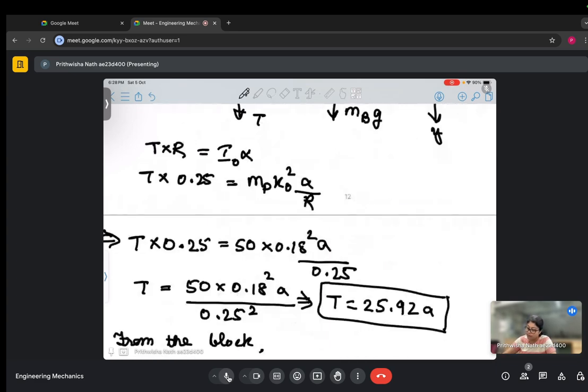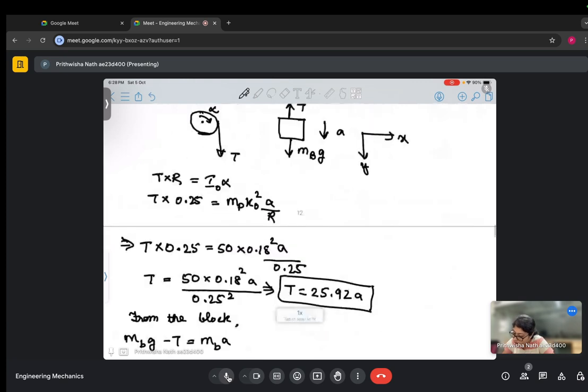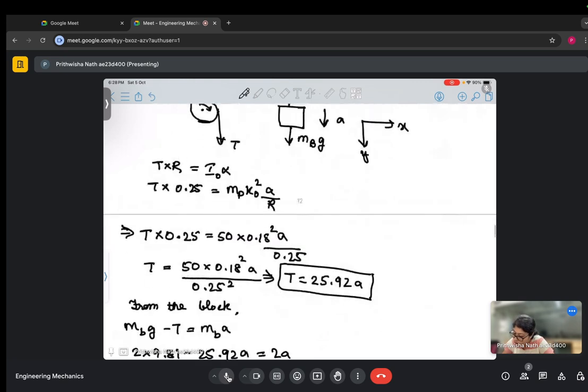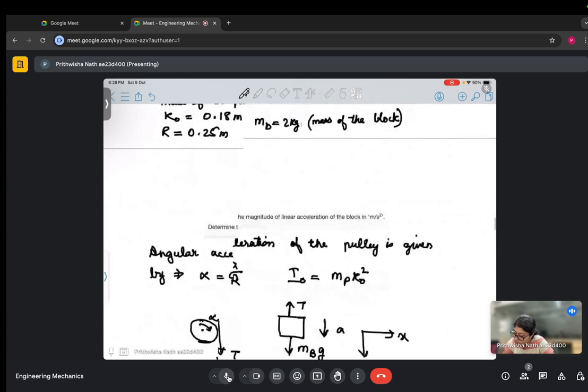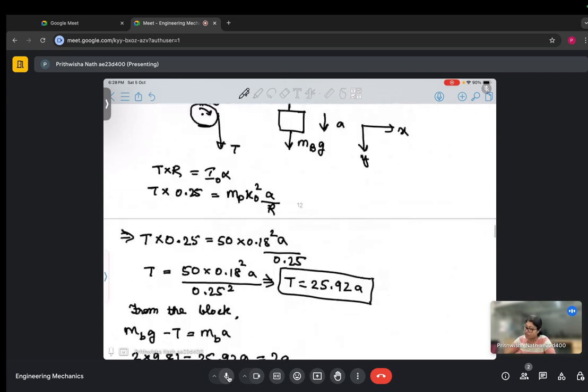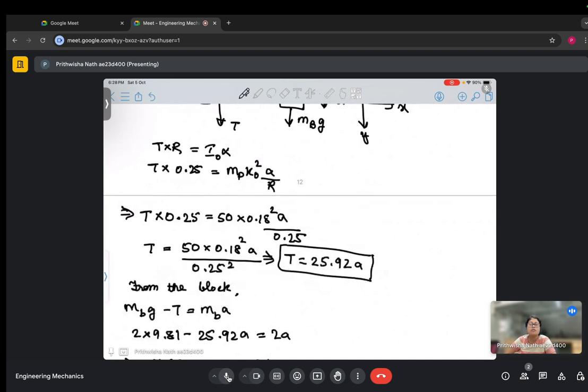Now similarly from the block I can write m_b g minus tension equals m_b into acceleration, right?